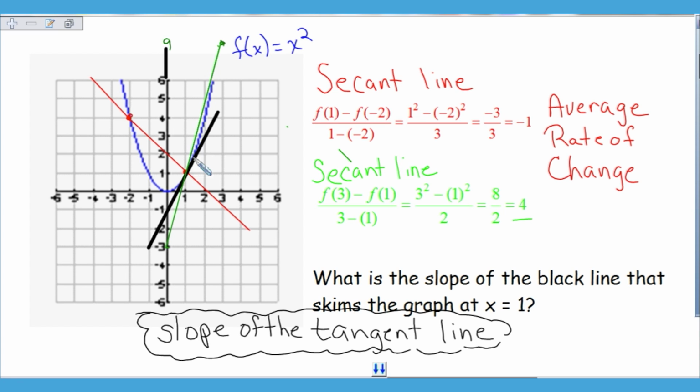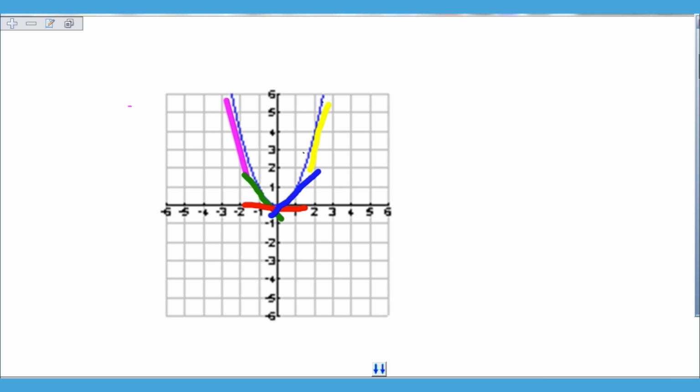So it's an instantaneous thing, where the green and red lines are average rates over a period of time. It's kind of like when a policeman puts his radar on you, he's finding out how fast you're going at that instant. That's what the slope of that tangent line is. It is how fast you're going, or what your rate of change is, at the instant of 1, okay? So they call that instantaneous rate of change.